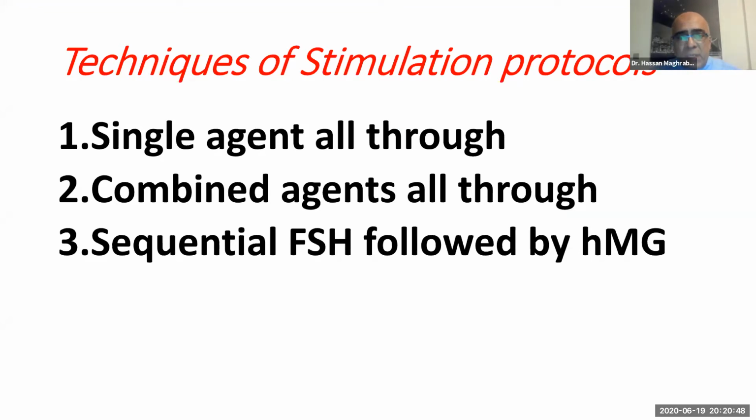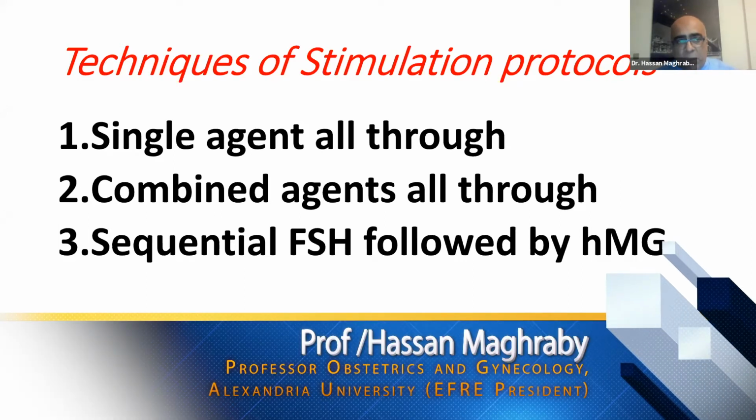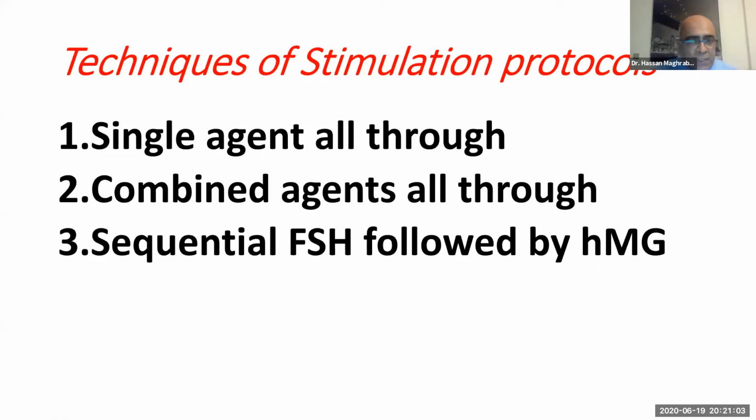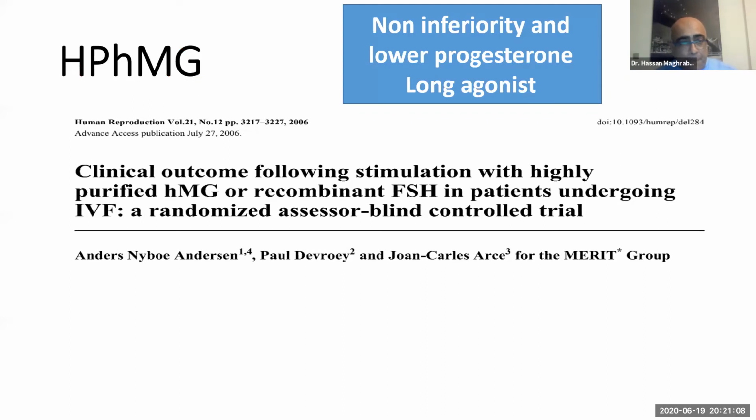The current techniques of stimulation are either using a single agent all through from the beginning of the cycle to the end of the cycle, and this is most of the protocols, or using combined agents, FSH and HMG in different ratios, or sequential FSH followed by HMG. Most of the studies regarding the highly purified HMG indicated that it is non-inferior to REC FSH, and sometimes it results in lower terminal progesterone, and particularly with the long agonist.